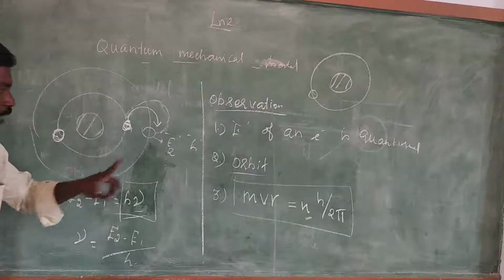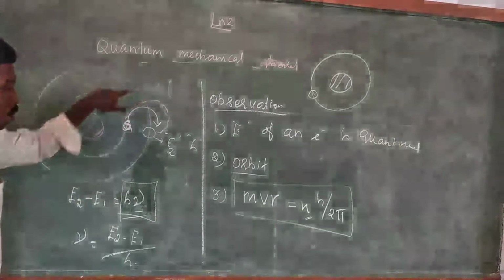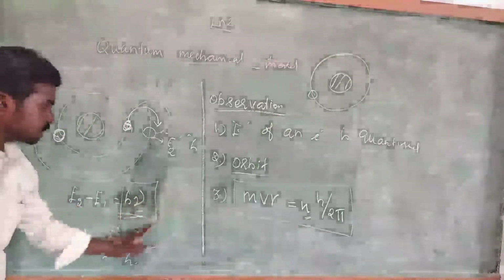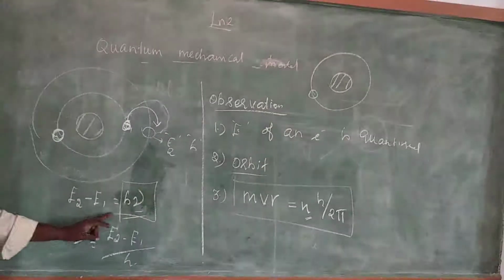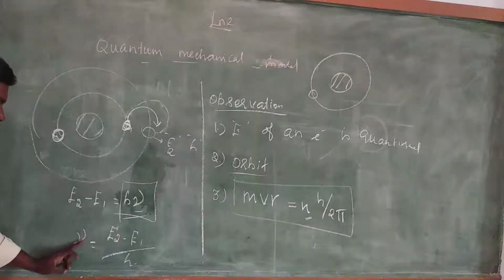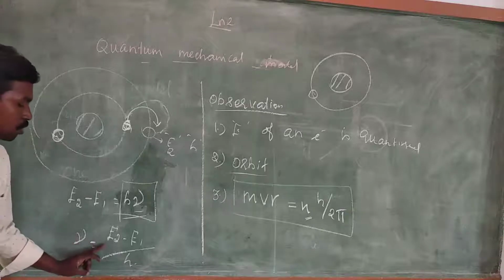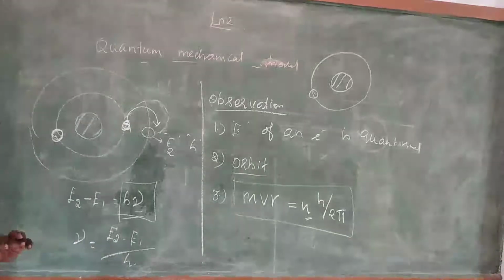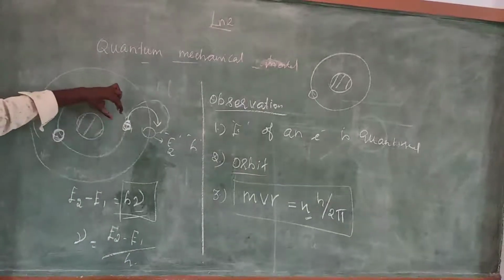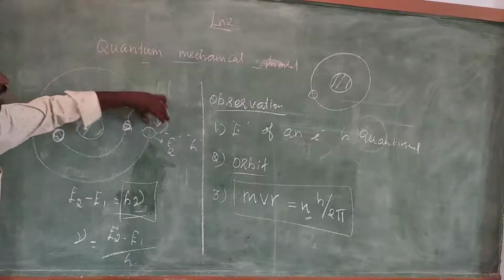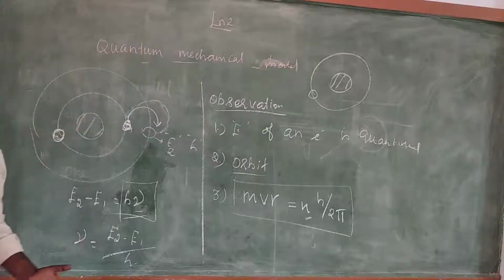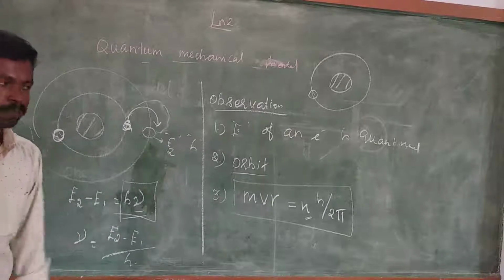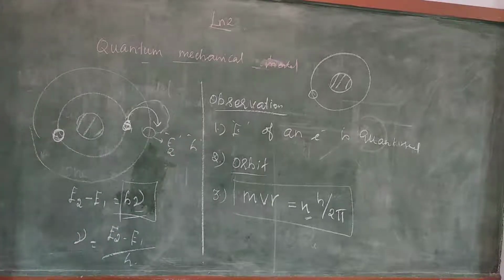But when an electron is jumping from higher state to lower state, the excess energy is emitted in the form of radiation, that is h nu. From this we can find the value of nu: nu is equal to E2 minus E1 divided by h. Likewise, when an electron is jumping from lower state to higher state, we have to supply more energy to enable that jump.